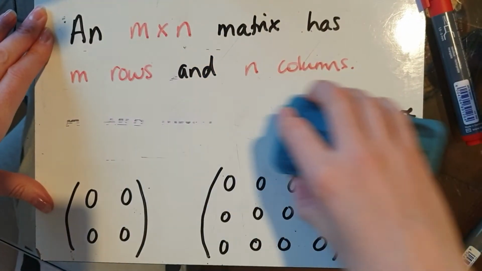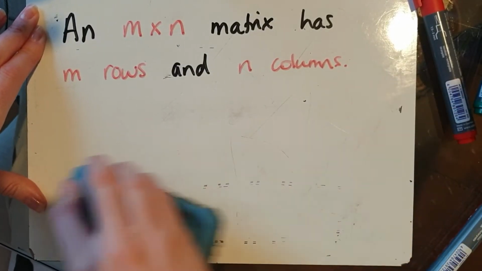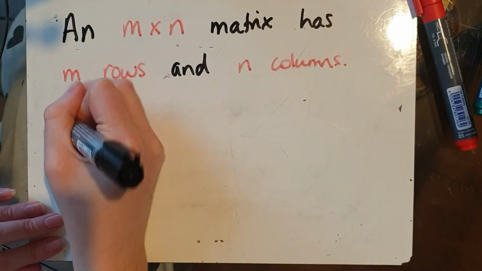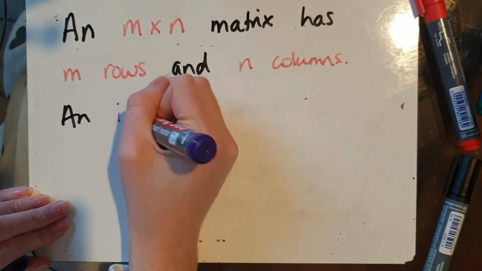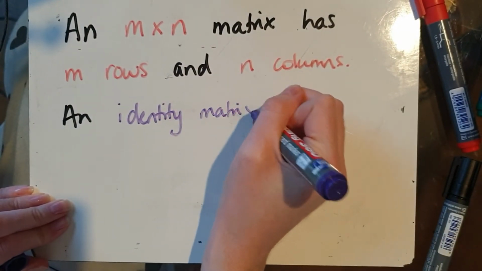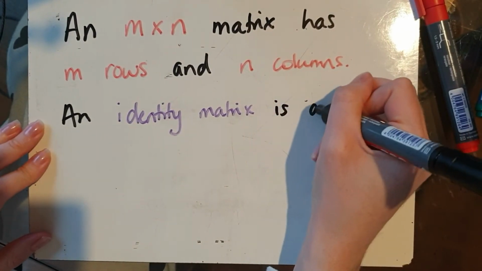Another important type of matrix is the identity matrix. So an identity matrix is a square matrix. It can only be square.